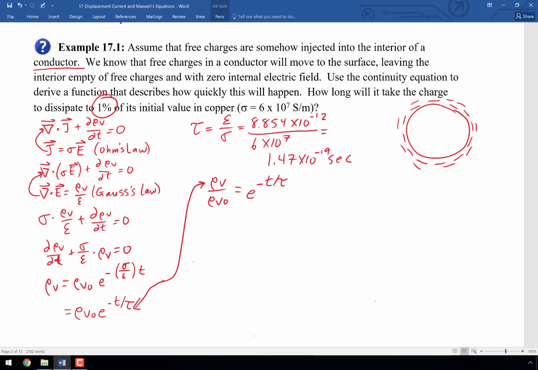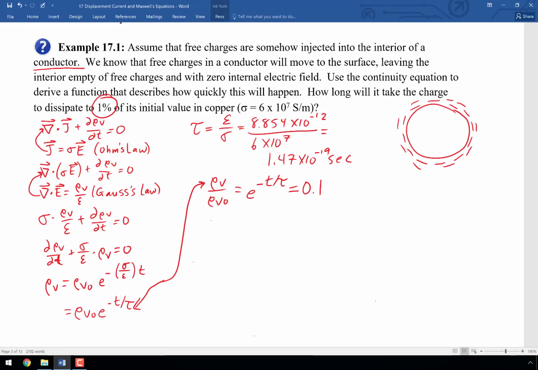So essentially, how long will it take to almost completely dissipate? So I know that this is equal to 0.1. Because if rho sub v at a given time divided by the initial value rho sub v0 is equal to 10%, then that's equal to 0.1. So I now have a mathematical equation that I can solve.